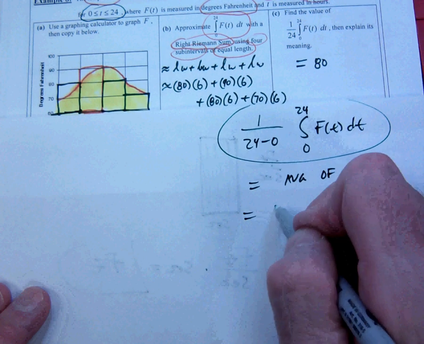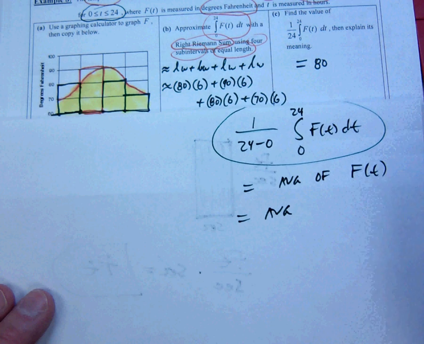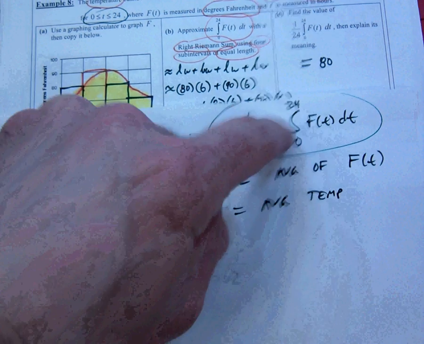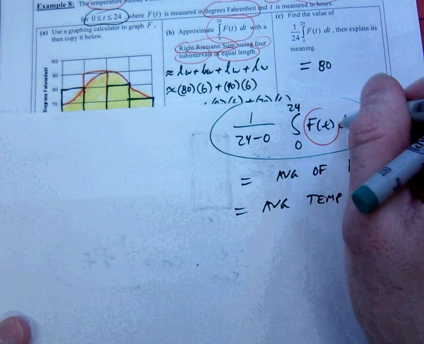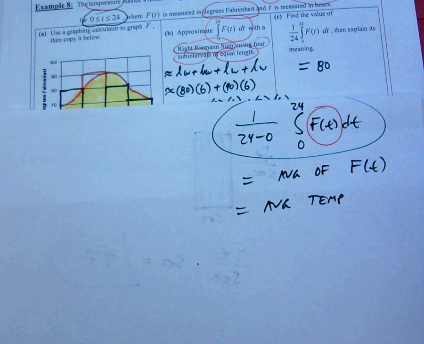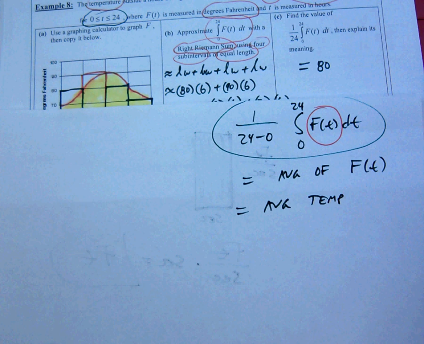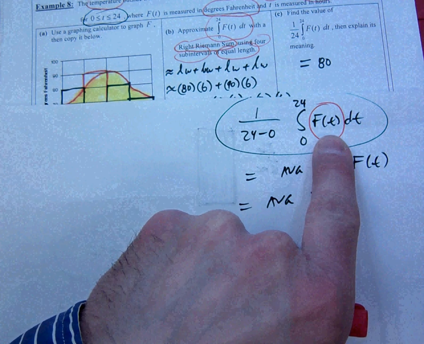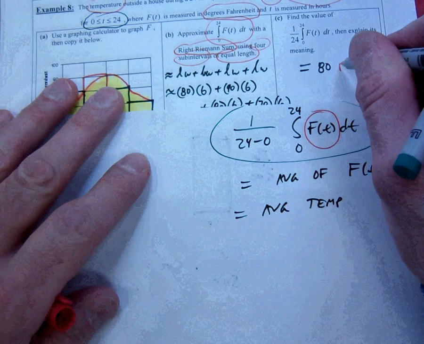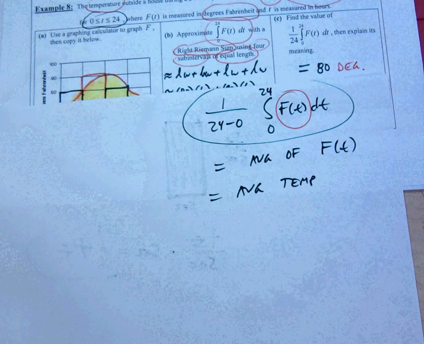Temperature. Doesn't this formula give you the average value of whatever function is sitting right there? Yes, it does. So what are the units of the function sitting right there? Degrees. So this should be degrees. Everybody understand?